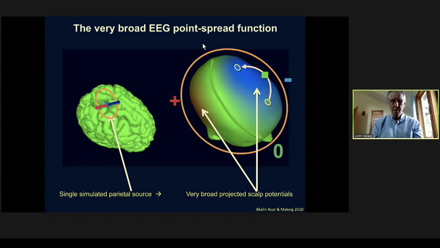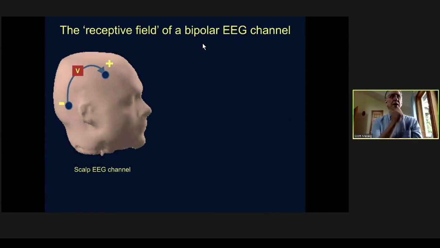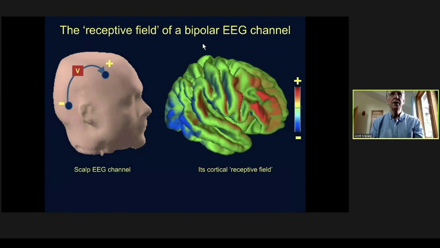Well, what sources does an EEG channel see? So here, Zeynep has created, using an electrical head model for a subject, a channel here. We might say that's F8 to A2 in 10-20 language, and then went to the subject's head model and said, well, what is that channel sensitive to?